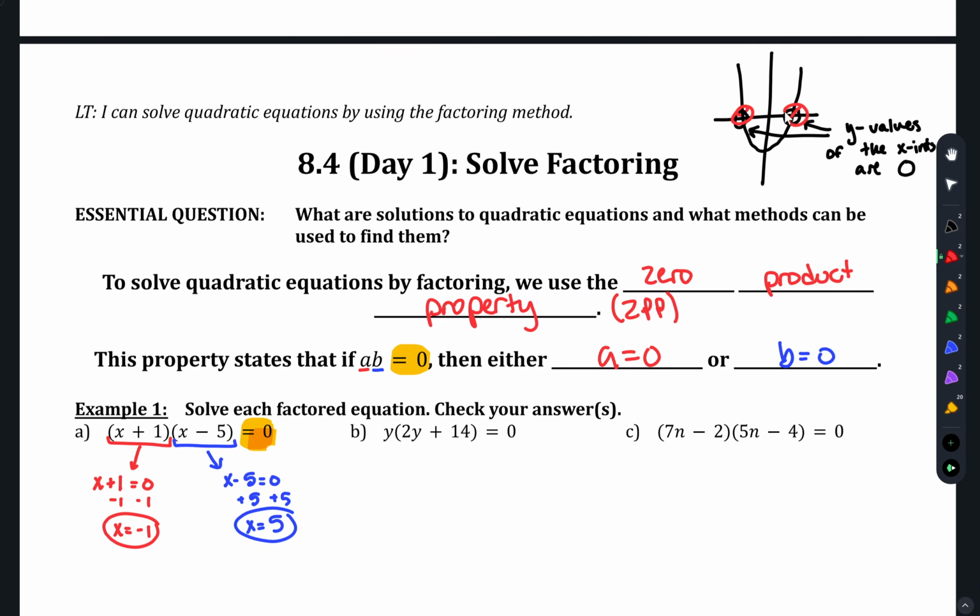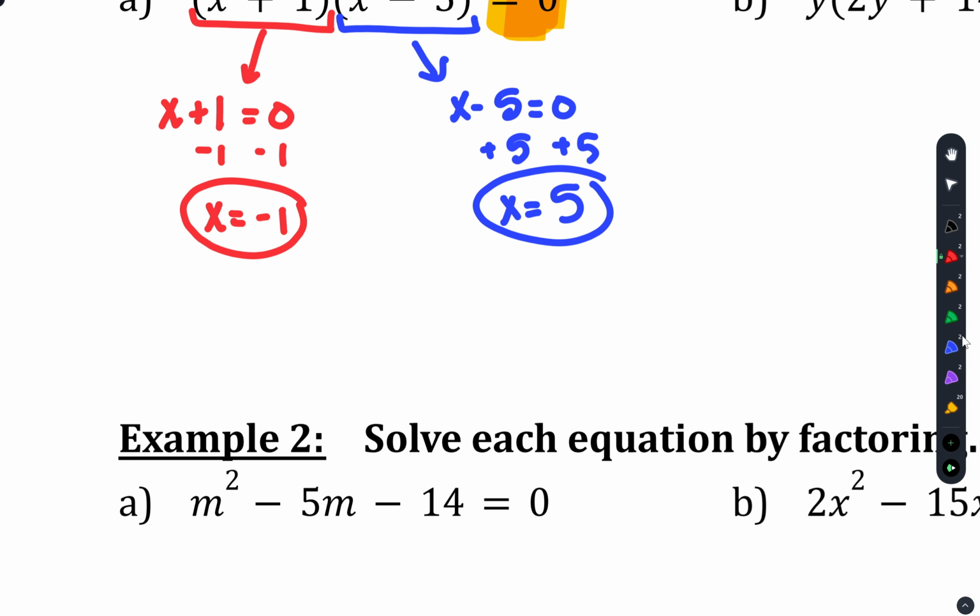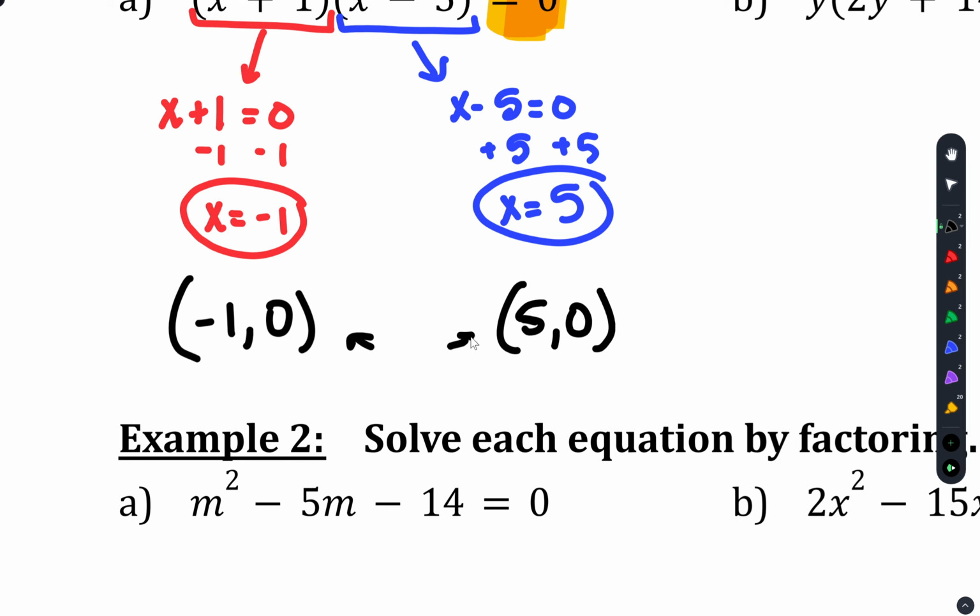So these x values are the x-coordinates of those x-intercepts. At (-1, 0) and at (5, 0), you have two x-intercepts. Everybody understand what we're doing here?